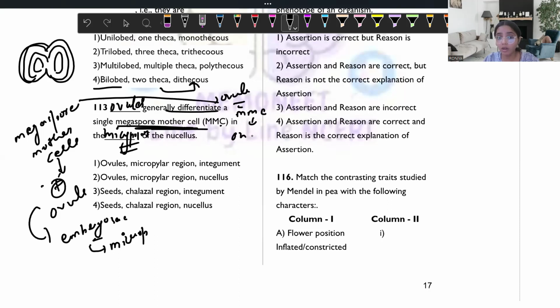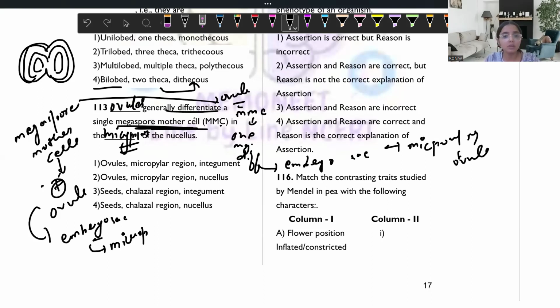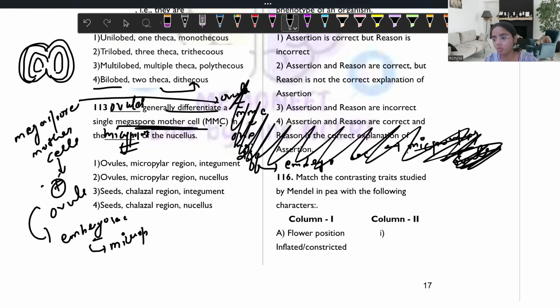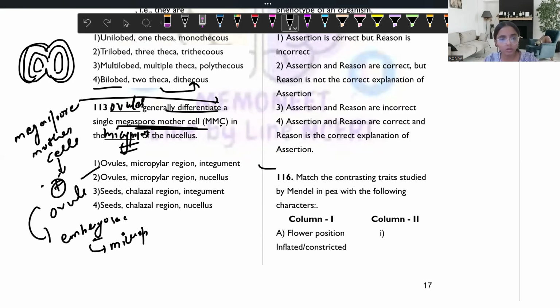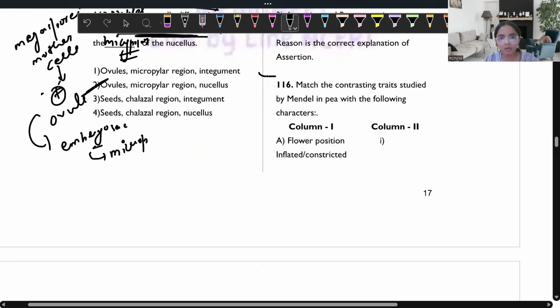Out of these, only one megaspore mother cell will get differentiated and form the embryo sac. And this whole structure is present towards the micropylar end of the ovule. Understood? Simple, no complication. So the answer is option number 2. Sorry, I'll tick it properly. Option 2. Sometimes my ticking skills are not so good.